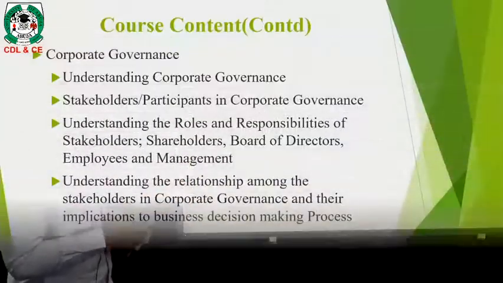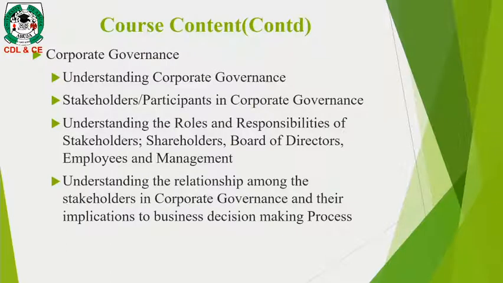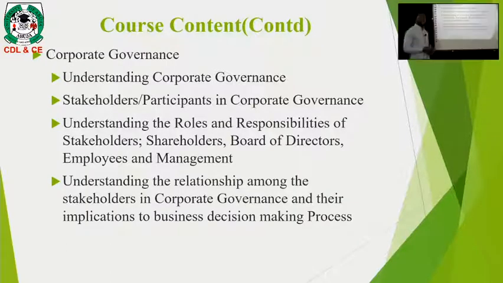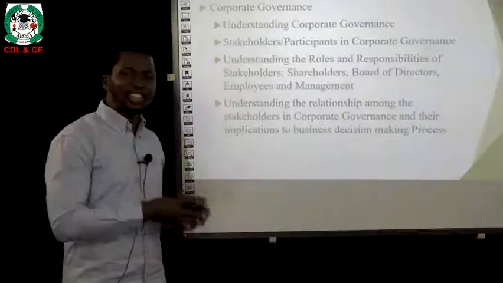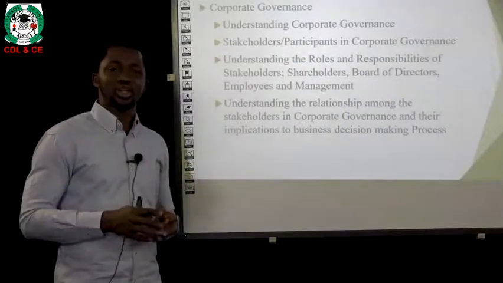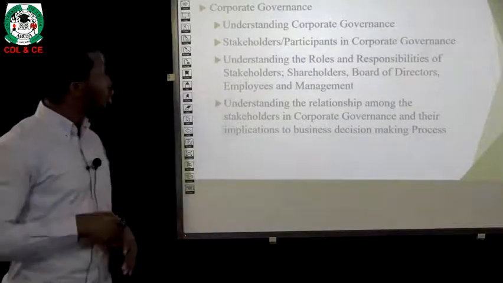Then we are also going to be evaluating the relationship among the stakeholders and their implications for the business decision making process. What we are looking at now is what corporate governance is, its importance, who the participants are, and how their participation affects the decision making process and the achievement of the goals and objectives of an organization.